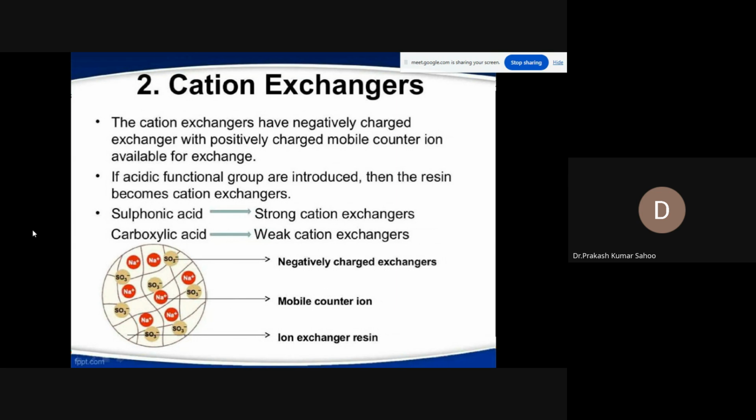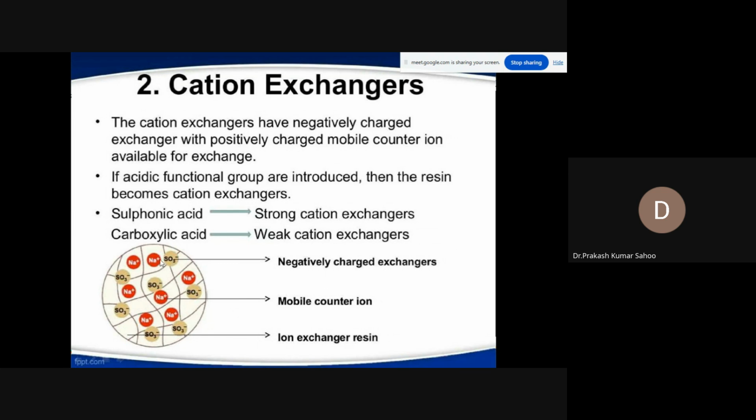The cation exchanger has a negatively charged exchanger with a positively charged mobile counter ion available for exchange. If acidic functional groups are introduced, then the resin becomes a cation exchanger. Sulfonic acid is a strong cation exchanger, and carboxylic acid is treated as a weak cation exchanger.